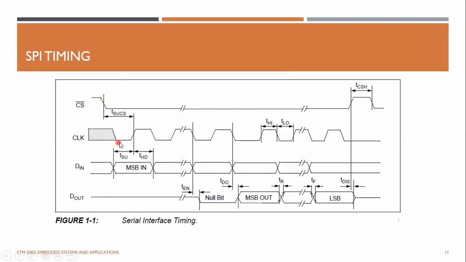You have to generate the clock pulses and provide the digital data out from the master, and then you will receive the data from this ADC converter. Initially it will send a null bit which is 0, and then it will start sending all 12 bits corresponding to the 12-bit ADC conversion. The most significant bit of your ADC conversion will be sent first.